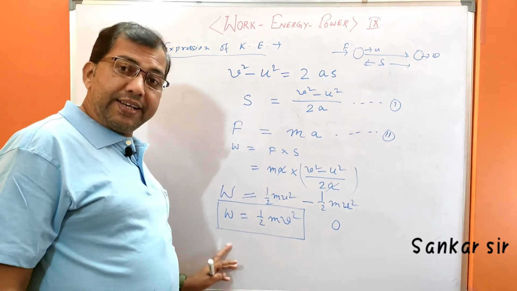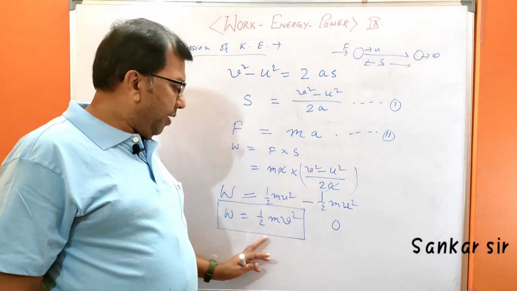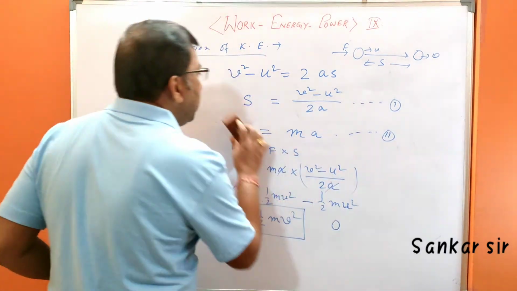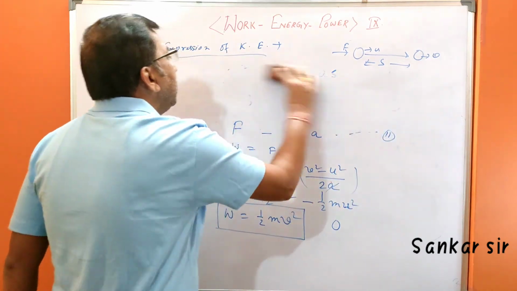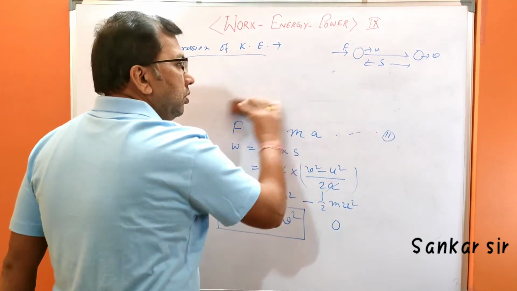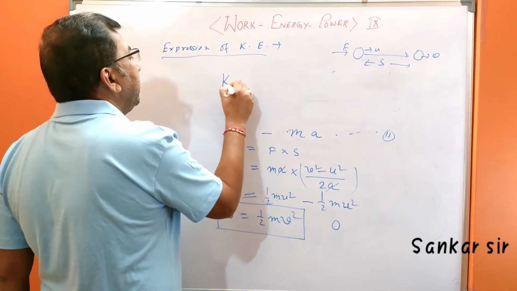That is kinetic energy. So kinetic energy equals to half m v square. Okay. You can jot it down. W means KE, kinetic energy.